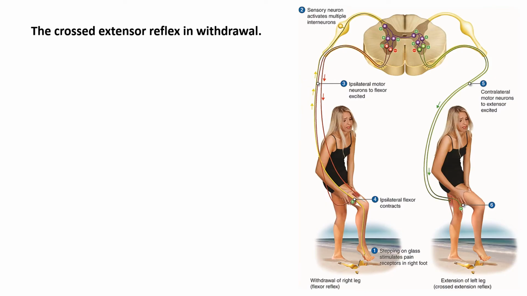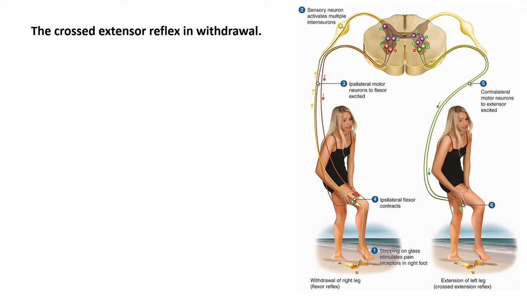Also, in the withdrawal reflex, another thing that might be important is the crossed extensor reflex. So on the left there, we've got the withdrawal that we just talked about. The lady on the left, same lady on the right. But here what we're illustrating is that she has lifted a leg up. Therefore, she needs to balance on the other leg.